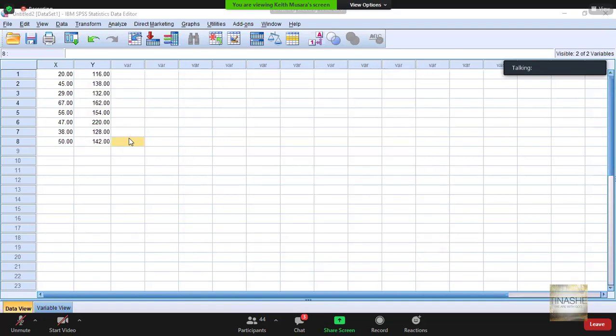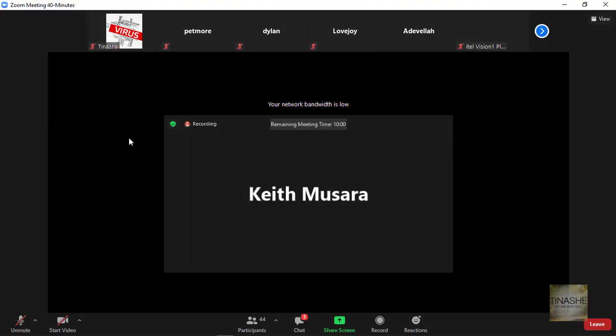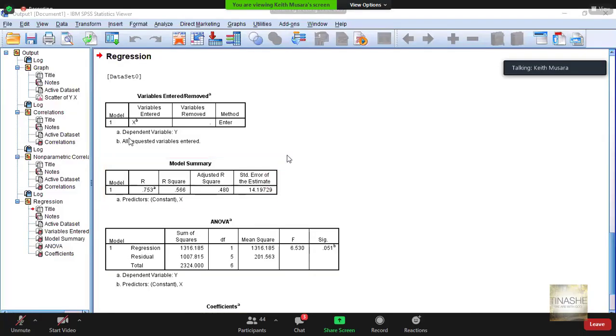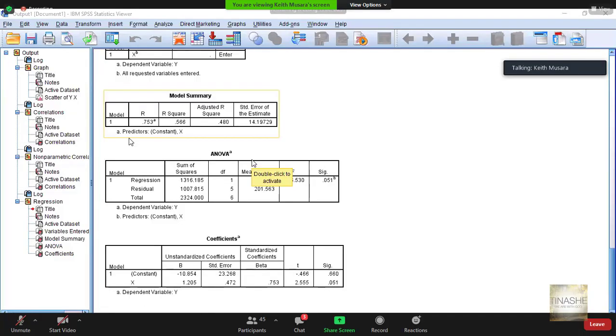So I'll stop sharing and then I'll go to the output window. On the output window, can you see the output window? Yes. All right, so these are the results of the data that I entered.